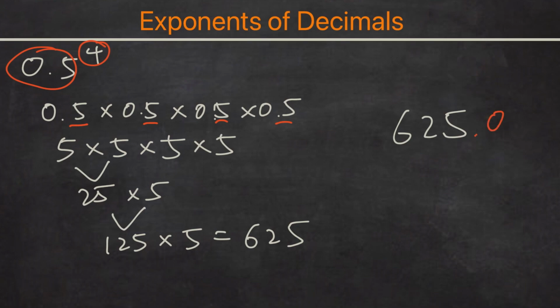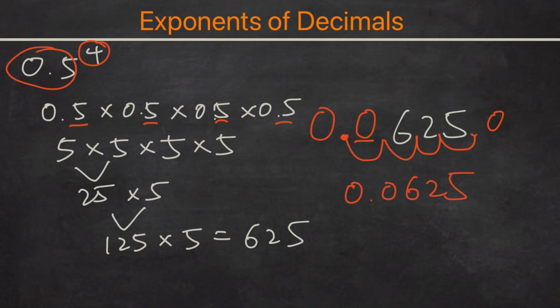So we will move 4 spaces forward. 1, 2, 3, and 4. Now there's a gap here, so we're going to place a 0 in here. And since the decimal point ends right here, that means that there's a 0 in front of it. So we will have 0.0625 as the answer.